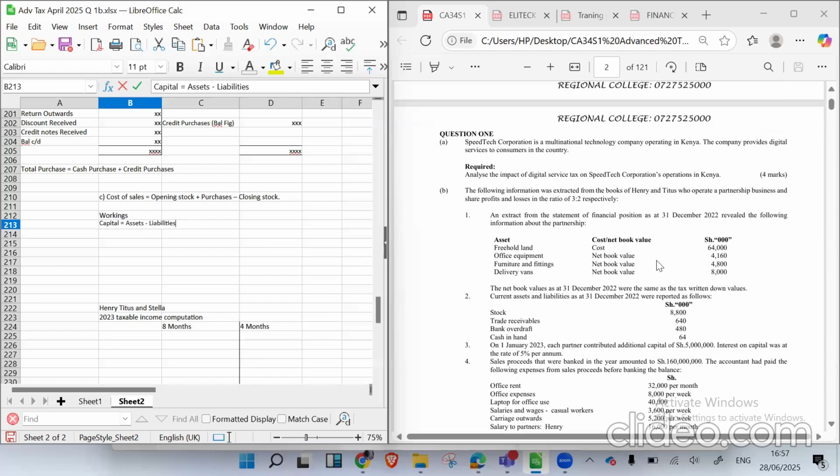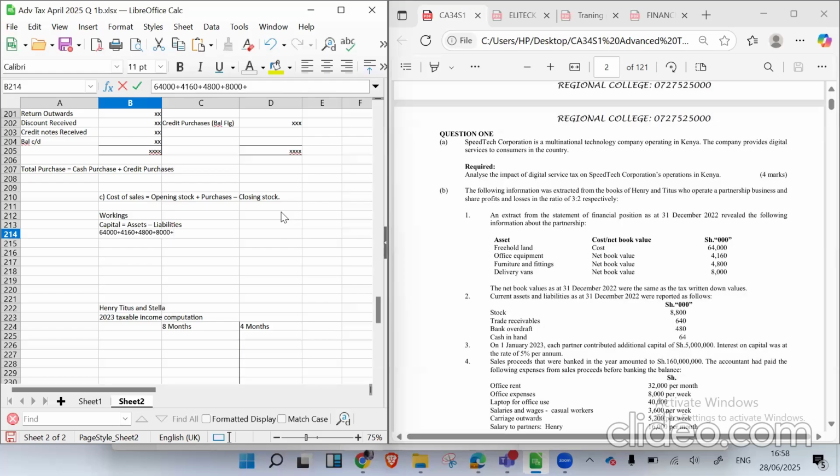So our assets in note number 1, we are having 64,000 plus 4160 plus 4800 plus 8,000. All those are assets.